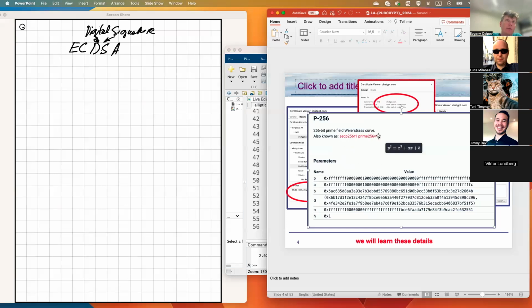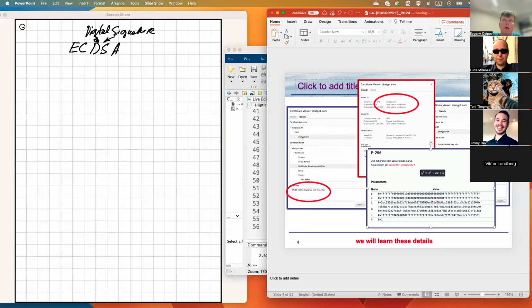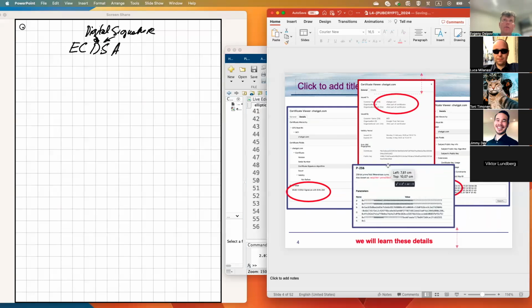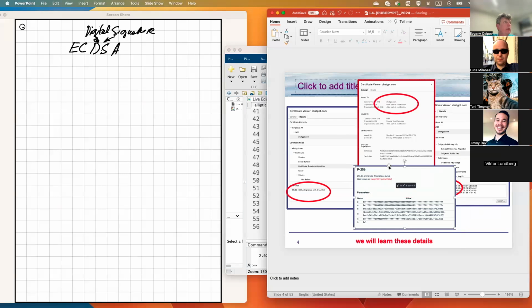For example, the certificate of ChatGPT relies on this algorithm, as well as, for example, being the default signature scheme in Bitcoin and similar cryptocurrencies. And why is it used? Because of this simple operation, for efficient execution, because of the absence of exponentiation.